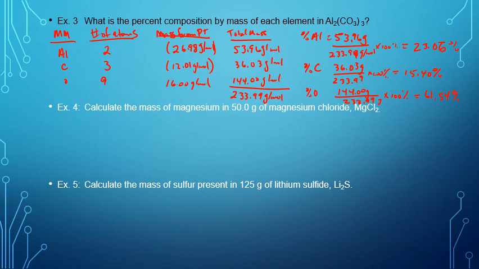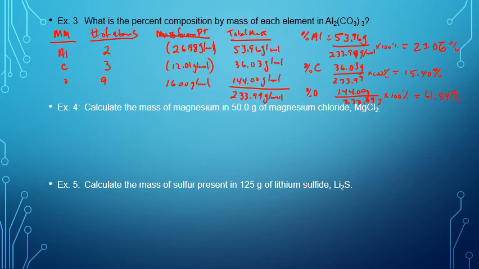Okay, so in our next example, now we're looking to solve for just the mass of magnesium that is found in 50 grams of magnesium chloride. So this is the key thing for you. With this type of problem, because I'm looking for just magnesium, I can find the percent composition of magnesium in the magnesium chloride compound, and then instead of just multiplying it by 100, I can multiply it by the 50 grams.